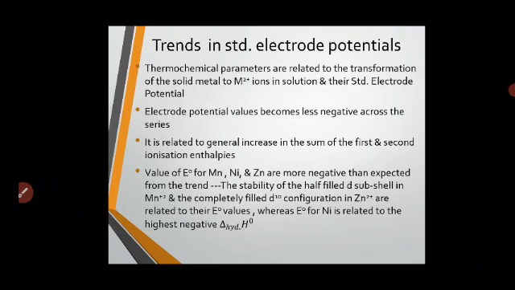So these are the thermochemical parameters. Even the hydration enthalpy is also responsible for the trends in standard electrode potential.